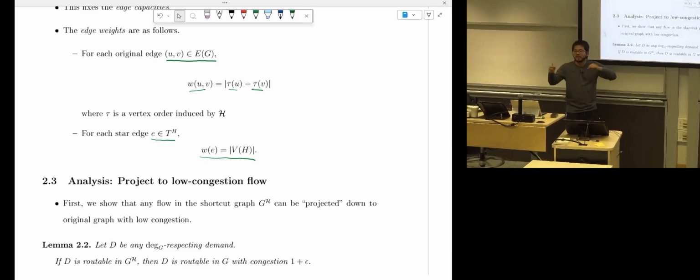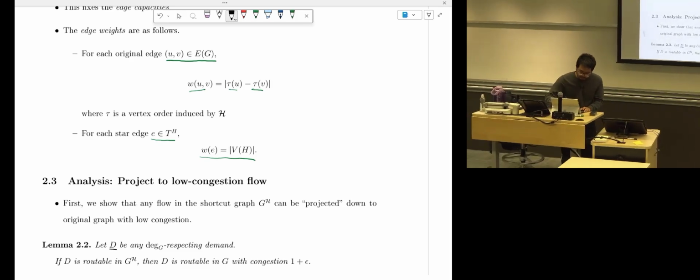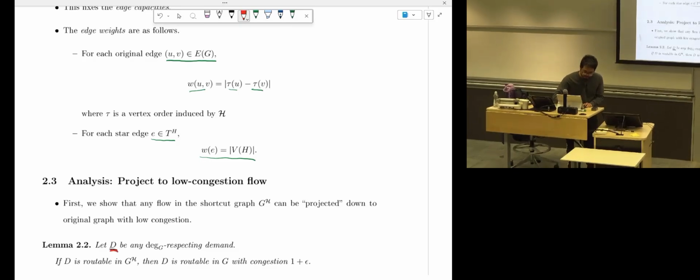So we can forbid using the stars. What I mean is, given the demand D, if D is routable in the shortcut graph, then it's still routable in G with congestion 1 plus epsilon.